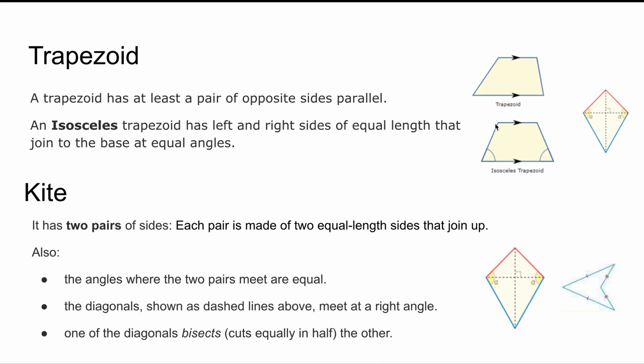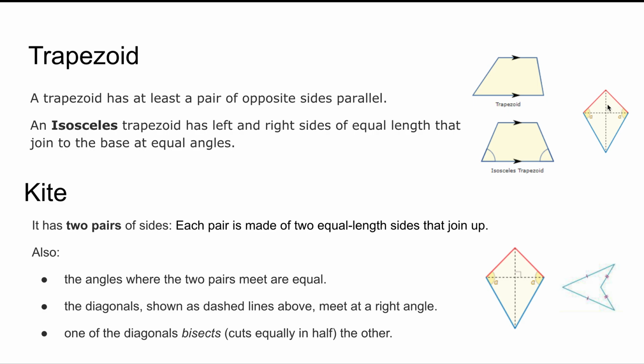So like this, the opposite sides are congruent, right? I mean, not this one, but trapezoid. Actually, I want to talk about the parallelogram. So parallelogram has two opposite sides that are parallel, and the lengths are also equal.